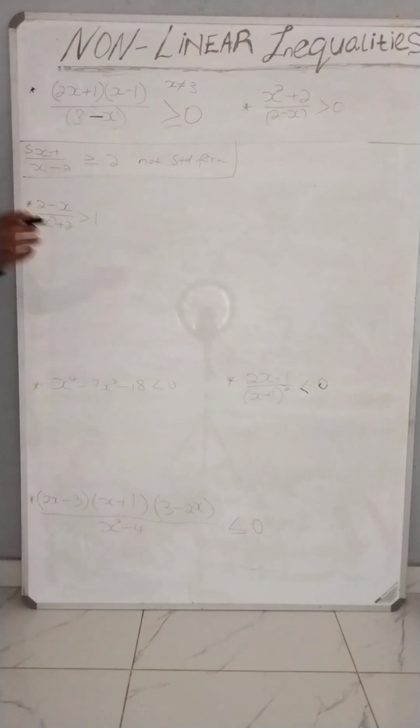So now when you have a denominator of x squared plus 2, you know that whatever value of x you put there, this expression will always be positive.